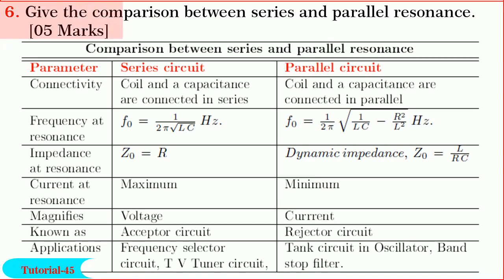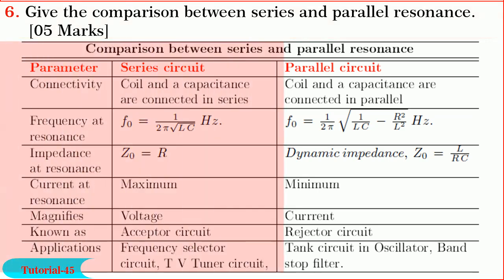Friends, finally, we shall answer the question to give comparison between series and parallel resonance. Friends, in my opinion, to answer such a question, either bullet form or tabular form will be more suitable instead of essay type.